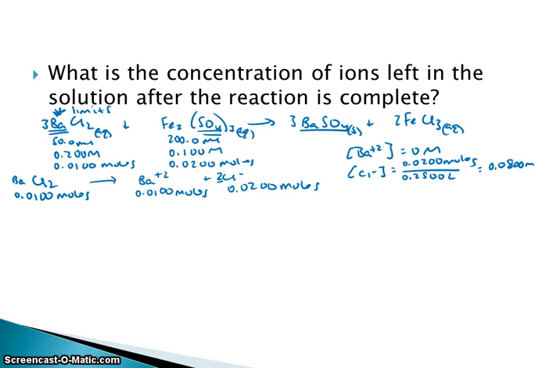All right, so now let's look at the iron sulfate. So we've got iron 3 sulfate. That's going to break up into iron ions and sulfate ions. Now when we looked up here, we calculated the iron sulfate amount to be 0.0200 moles. It's a 1:2 ratio. So for iron ions in the original solution, we have 0.0400 moles.